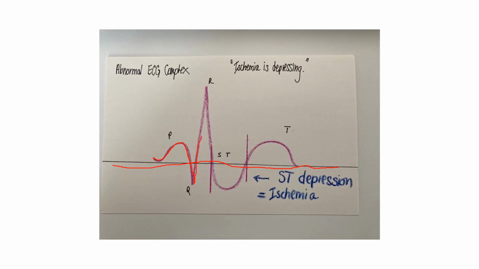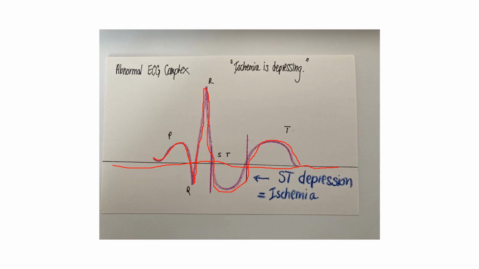We see the QRS here, and this is the ST segment. As you see, this is well below the baseline, and then it goes right back up for the T wave. Everything looks normal here, except for this ST segment sagging below the baseline, and that is ischemia.